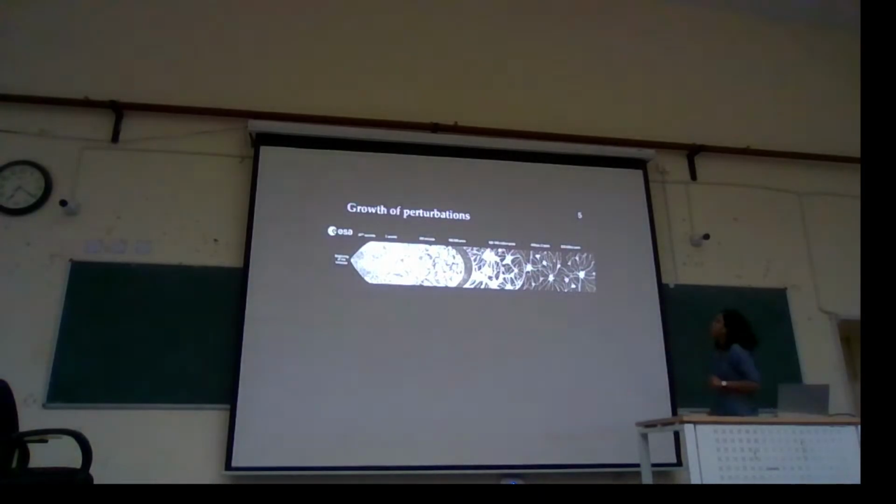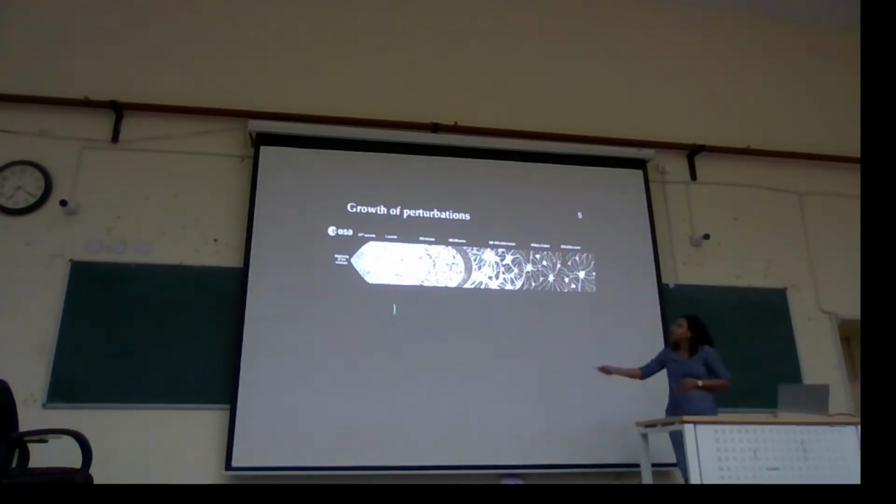Which brings us to the typical timeline of the universe. At the beginning, the universe undergoes rapid expansion called inflation. After that, there is the formation of nuclei, then the radiation dominated era, then recombination, where stable atoms get formed and the universe becomes transparent.